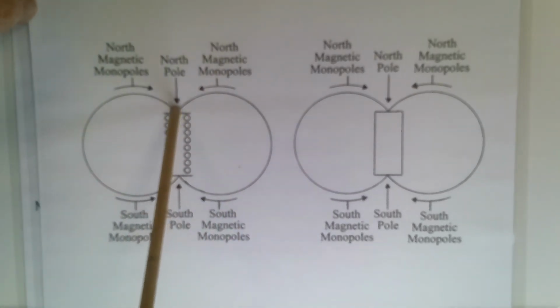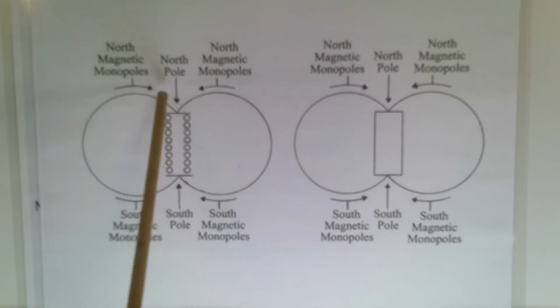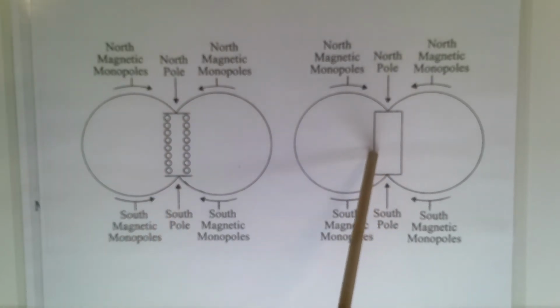Around each one of these wires that you see here is going to be a circle that looks like this. Now that they're able to recombine, all these atoms are going to combine together and again recreate a magnetic field. The same thing happens here.